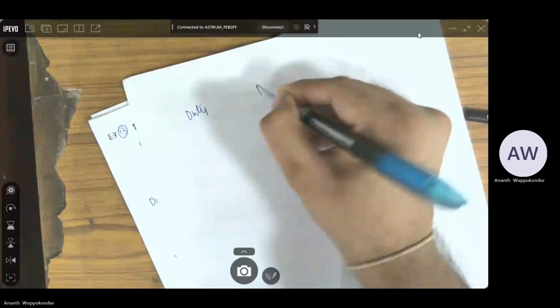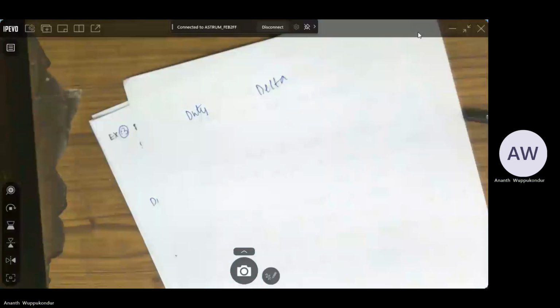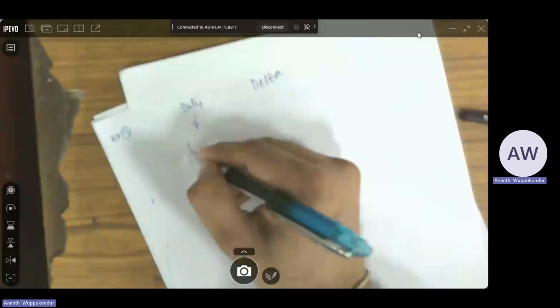Duty and delta. So what is duty? Yeah. Duty is area, right? Yes. So I'm representing this as D, and what are the units for it? Hectares. What is delta?